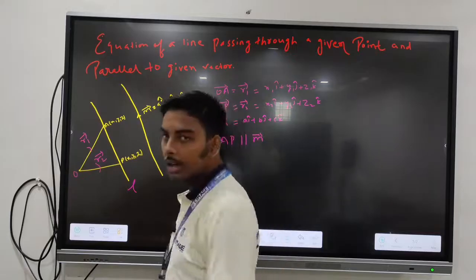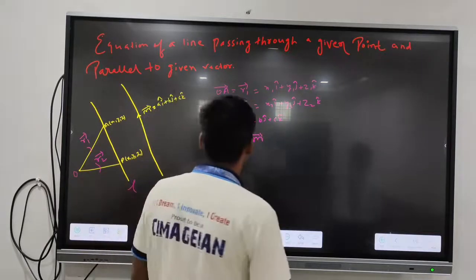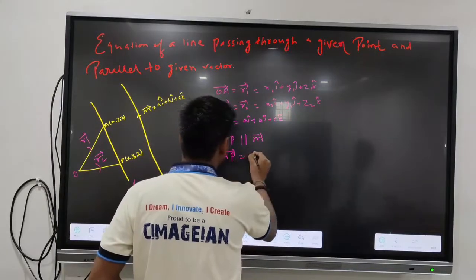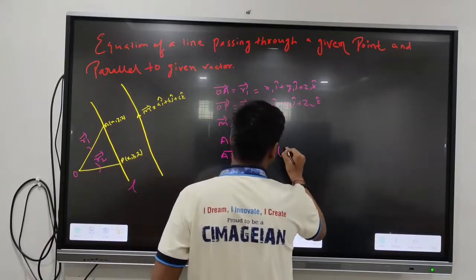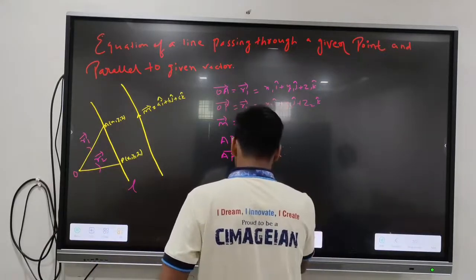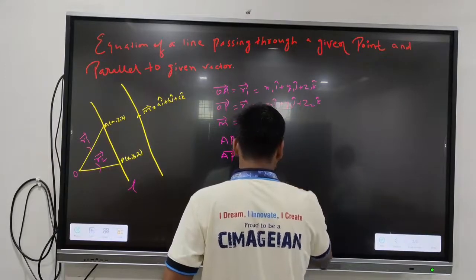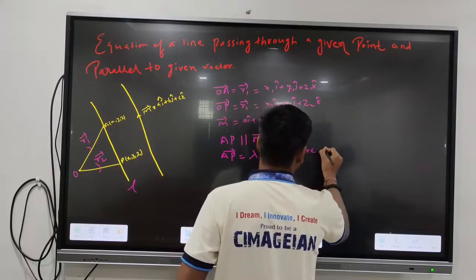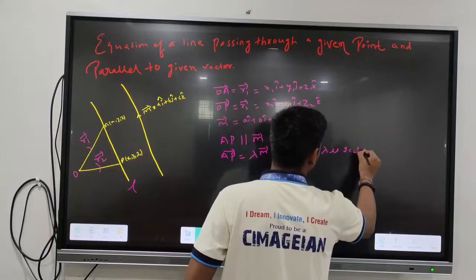So we know that in vectors, when two lines are parallel to each other, then we can write AP vector is equal to a scalar multiple of M vector, where lambda is a scalar multiple.